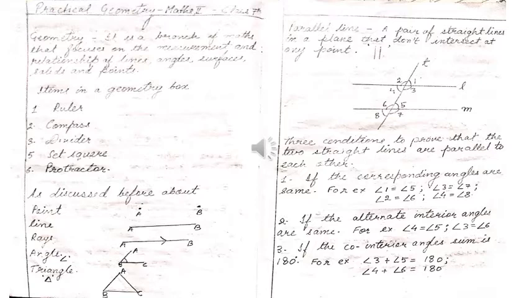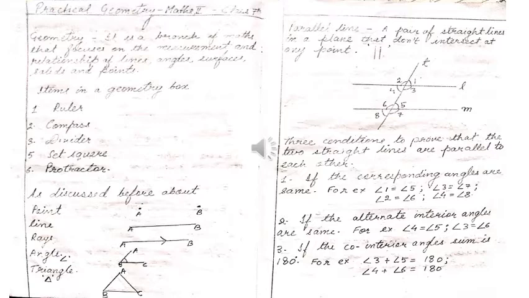If the corresponding angles are the same, and here once again just look, it will be a revision for you. Angle 1 and angle 5, and angle 3 and angle 7, are corresponding pairs of angles. Angle 2 and angle 6, angle 4 and angle 8, are also corresponding angles.